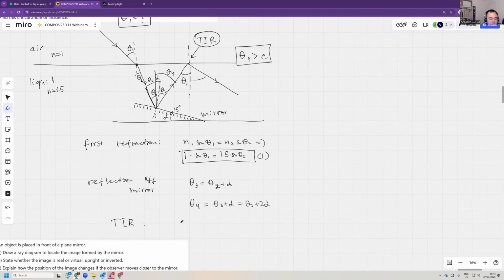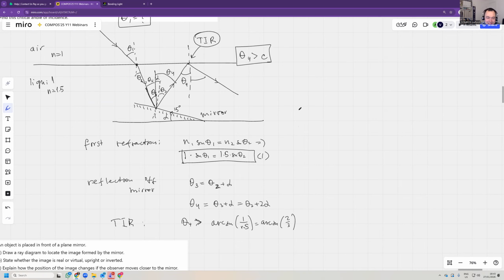For total internal reflection, theta 4 must be greater than the critical angle, then arc sine of 1 over 1.5, which is arc sine 2/3. Is it? Yeah, arc sine 2/3.